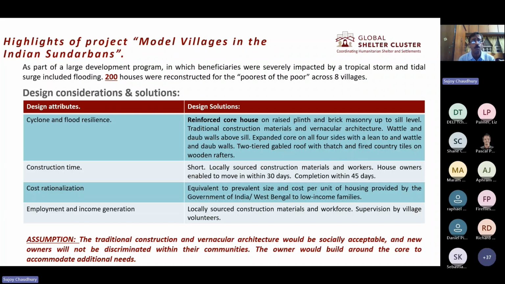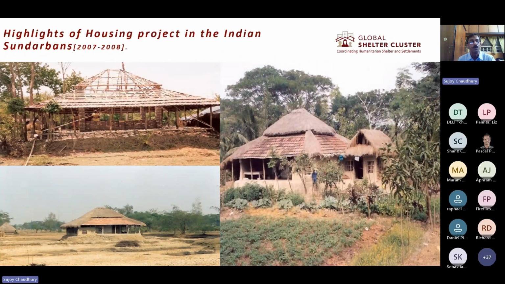We had wattle and daub walls, gabled roofs, thatch and country tiles on wooden rafters. Just to give you some pictures, the left-hand side is basically the framework of the construction and how these houses were constructed. Different people added different parts to it. So it's a very traditional house.